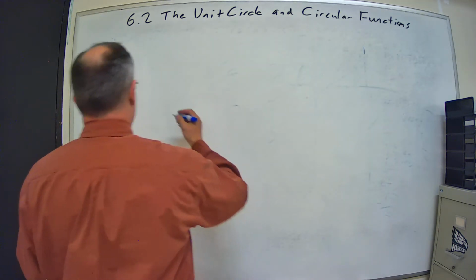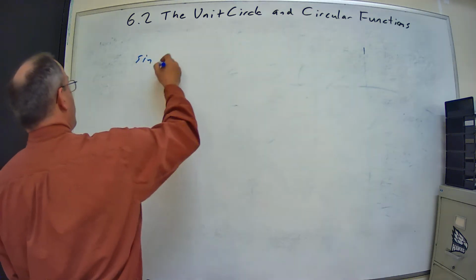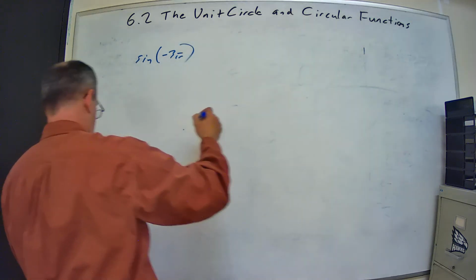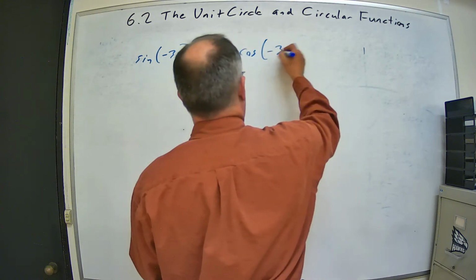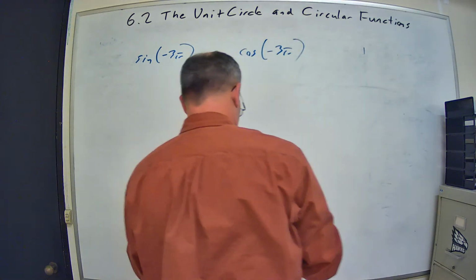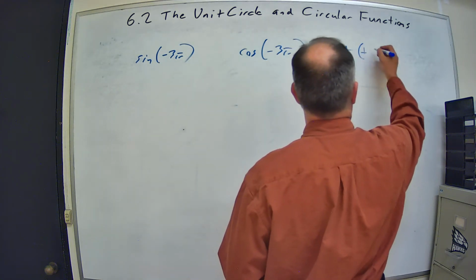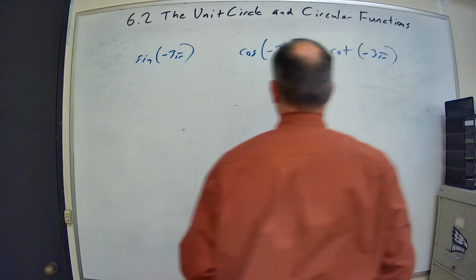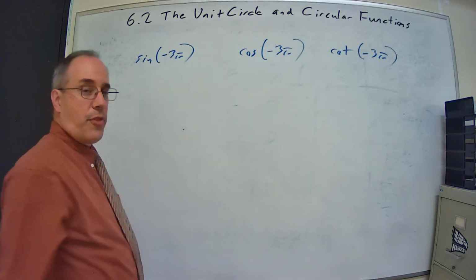Okay, so first, let's find some exact values. Let's find the exact value of sine of negative 3 pi, cosine of negative 3 pi, and cotangent of negative 3 pi. Well, there's a couple things we can do with this.